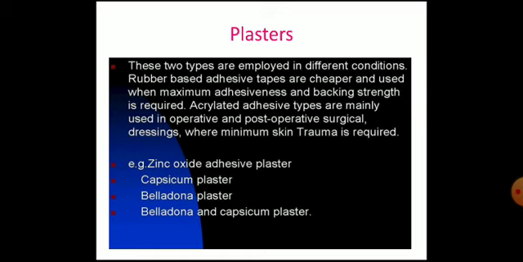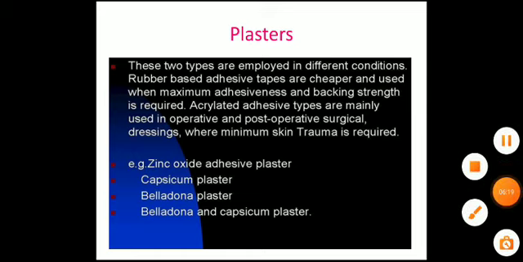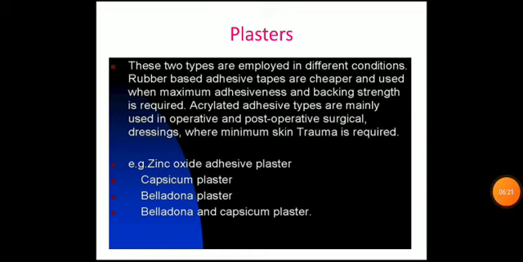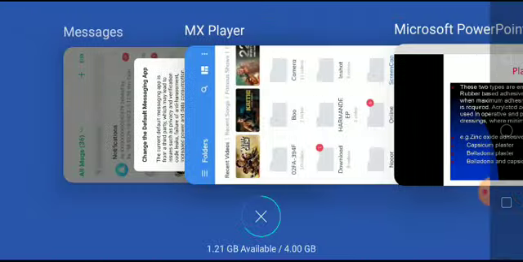Rubber based adhesive tapes are cheaper, used when maximum adhesiveness and backing strength is required. Examples for those are capsicum plaster, zinc oxide adhesive plaster, belladonna plaster, and belladonna and capsicum plaster.